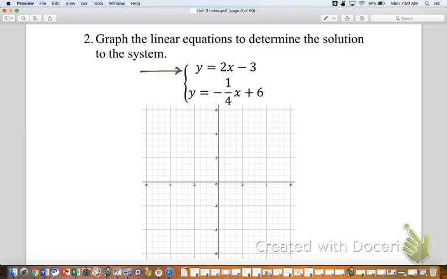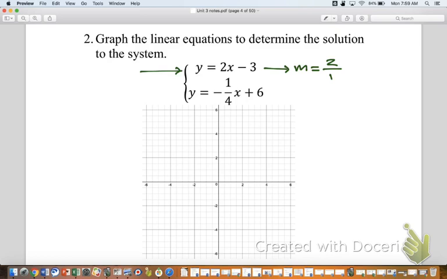What are the two things, Victoria, that you've got to have to graph a line? Right. So for that first line, I'm going to make this first line green. What is my slope? 2. 2 over 1 works. And Victoria, what's the point? Careful.